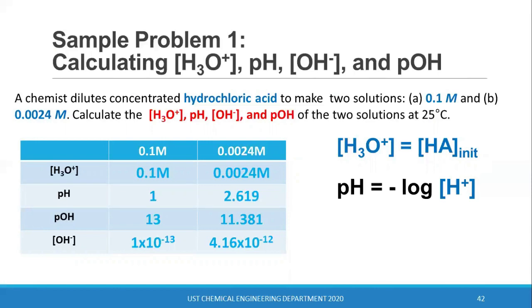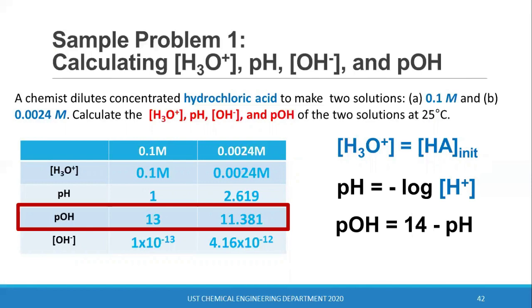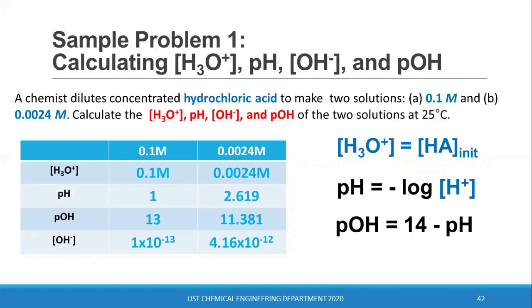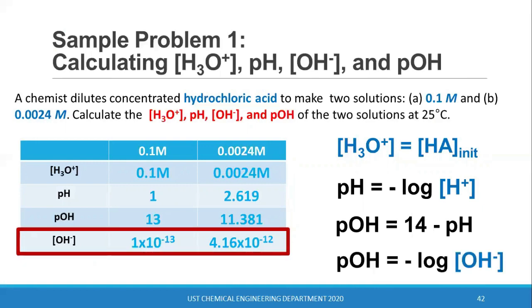Next is to solve for the pOH value using the expression pOH is equal to 14 minus pH. And then lastly is to solve for the OH minus concentration from the calculated pOH value. Now we have completely solved sample problem 1.